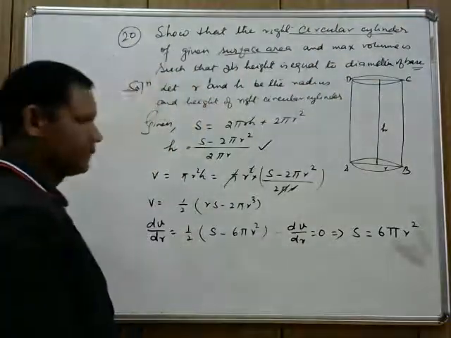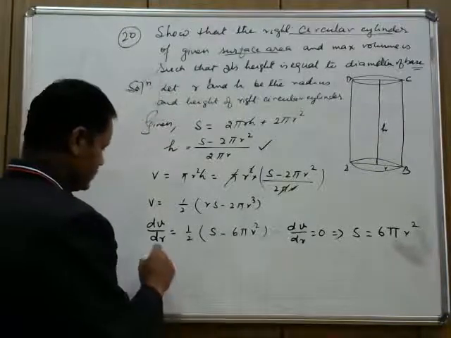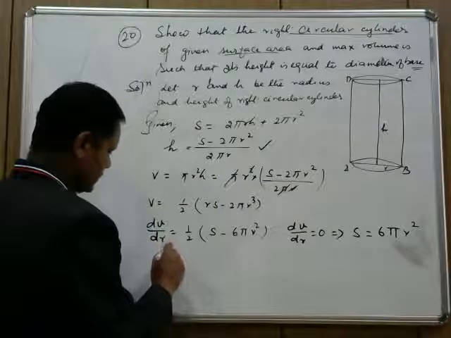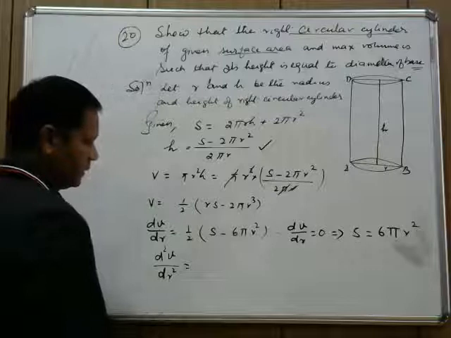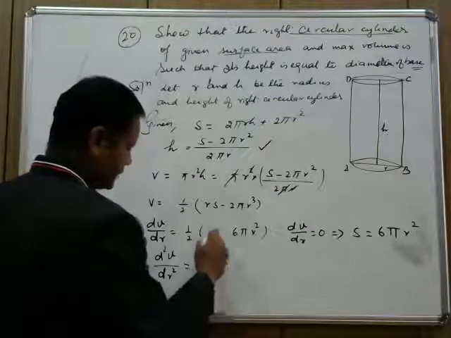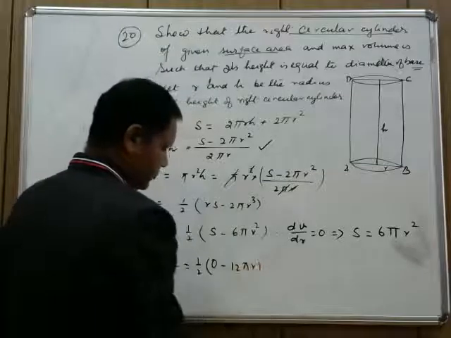That means I have to double differentiate. So I'll find d square V by dr square is equal to, here half, again S is constant, minus 12 pi r.